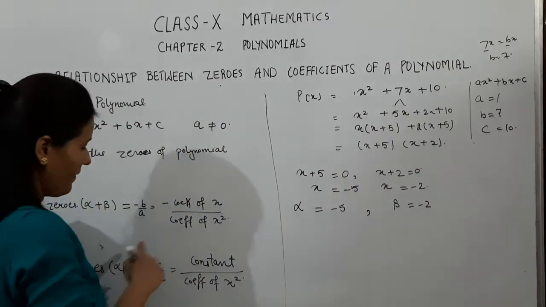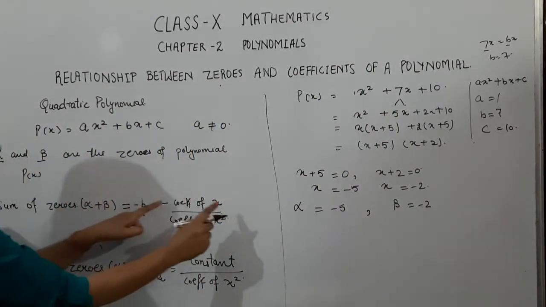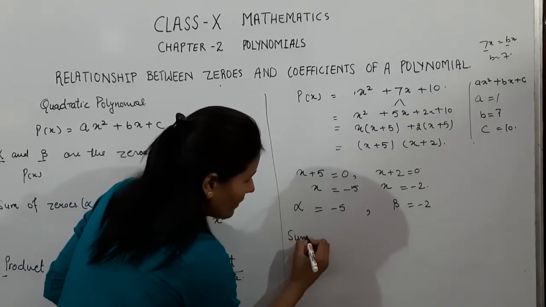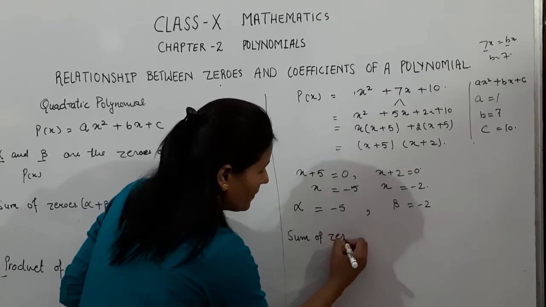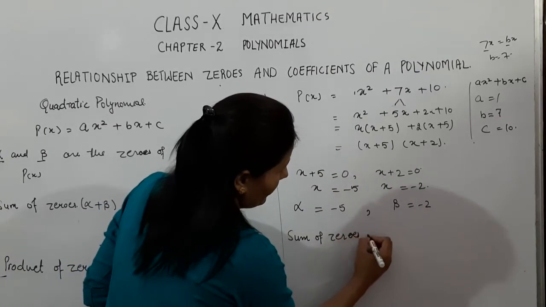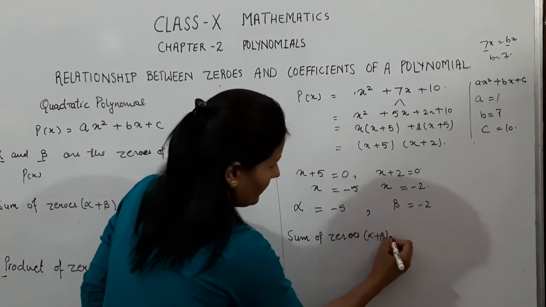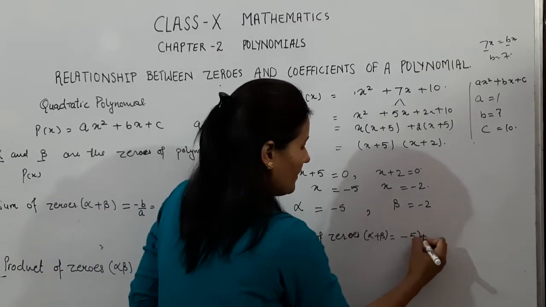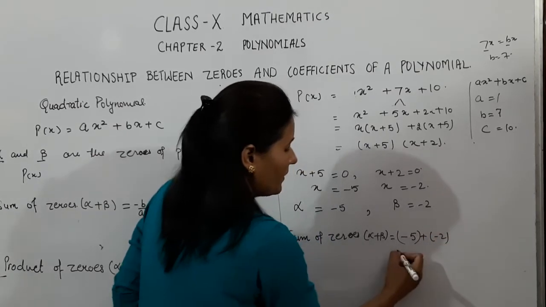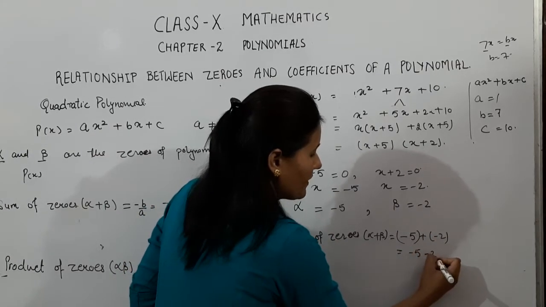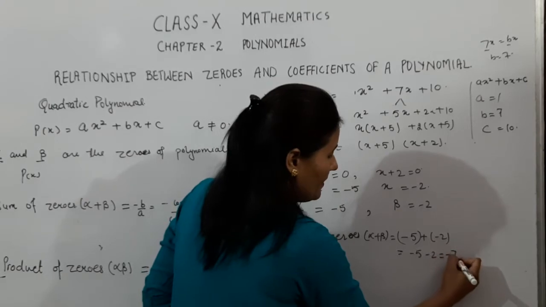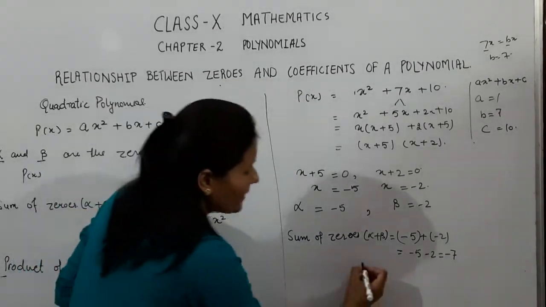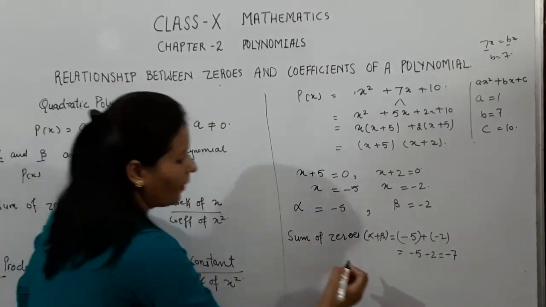So now we will add these and check the relation. Sum of zeros, alpha + beta, is equal to -5 + (-2), that is -5 - 2 = -7. And what is minus b upon a?